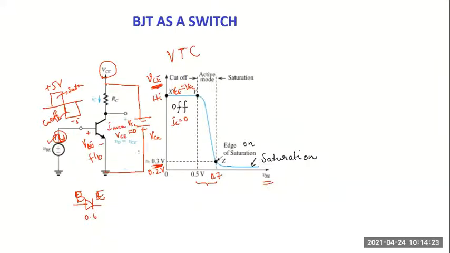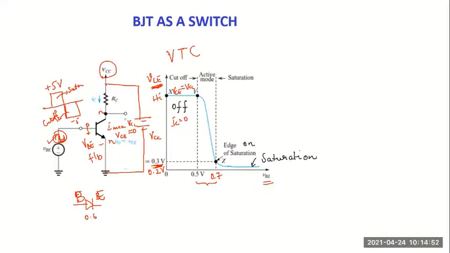Why does it go to cutoff? Because the base emitter will not have sufficient voltage. Remember, what type of transistor is this? This is an NPN. I told you whenever the arrow points out of the emitter, it's always an NPN transistor. So in this NPN transistor, forward biasing base emitter means connecting positive to the P-type base and negative to the N-type emitter.